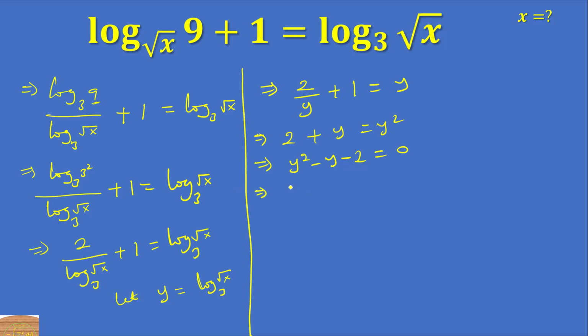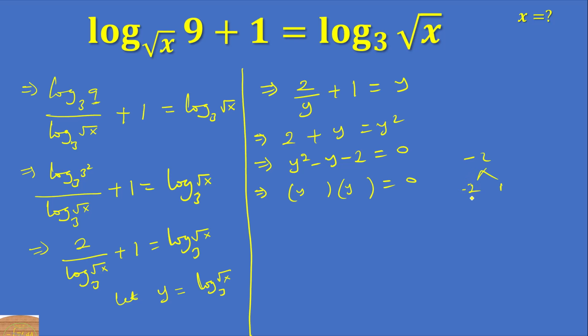So we have y squared, so let's look at minus 2. So let's find two numbers that when we multiply them give us minus 2, but when we add them give us minus 1. So 2 times 1 is 2, but this side is minus 2. So let me negate this 2 and see.